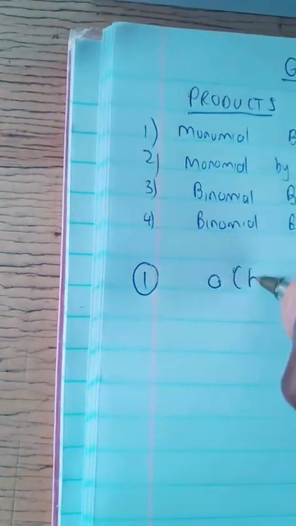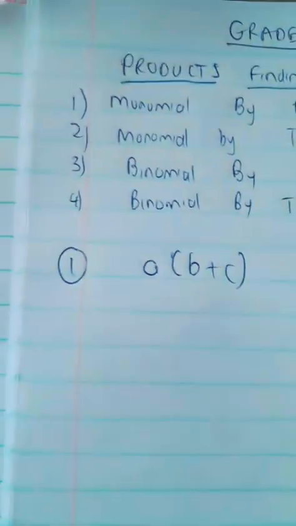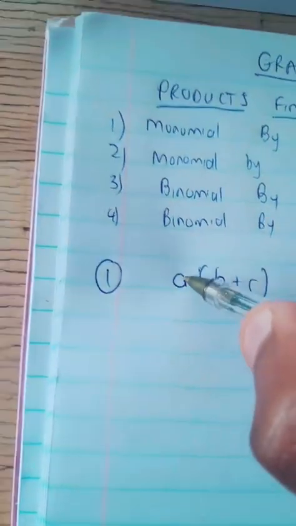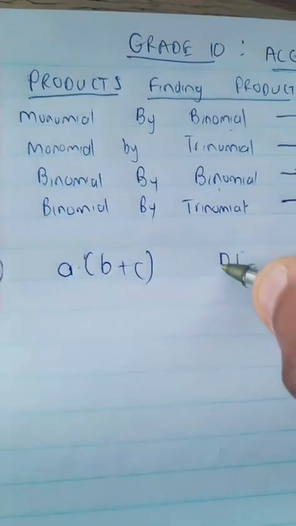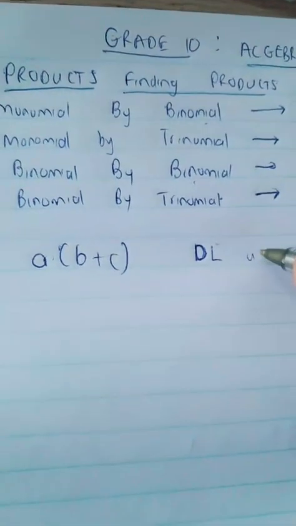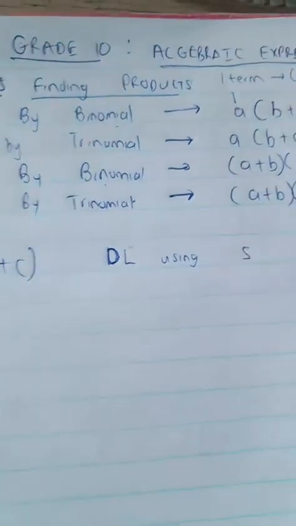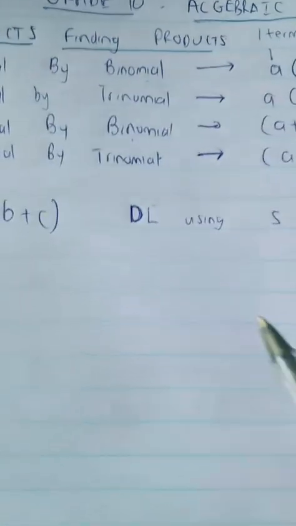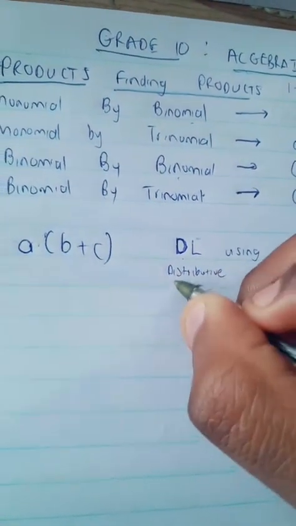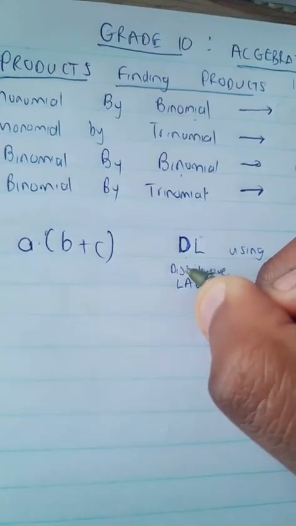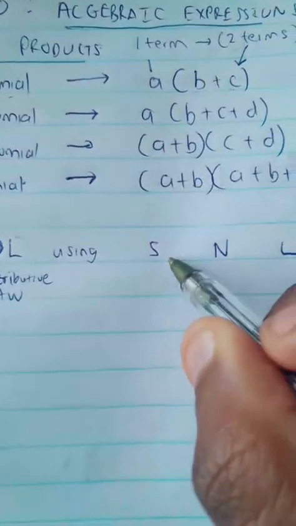So for monomial by binomial, let's just look at this general example. Here we have a into b plus c. What I usually like saying to students is that whenever you are dealing with these, we are applying what we refer to as the distributive law, using something we refer to as SNL.